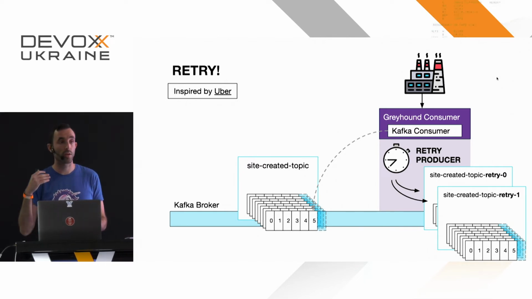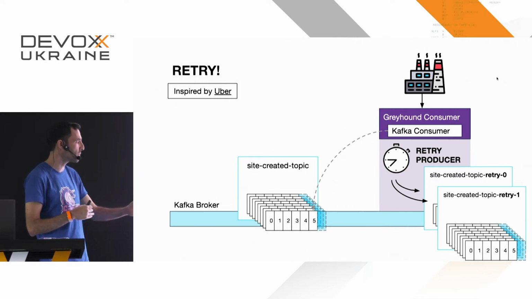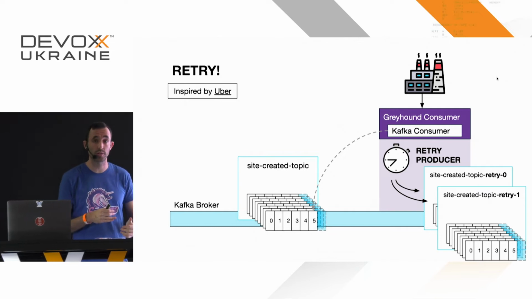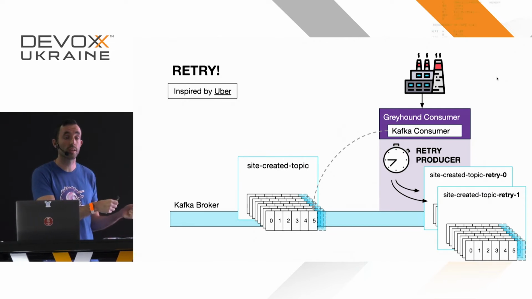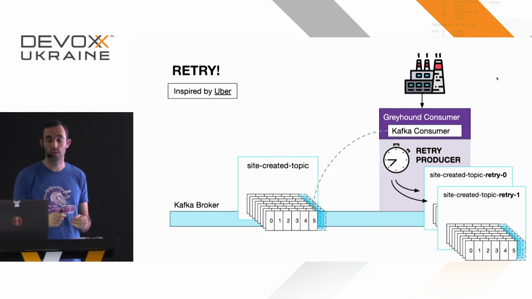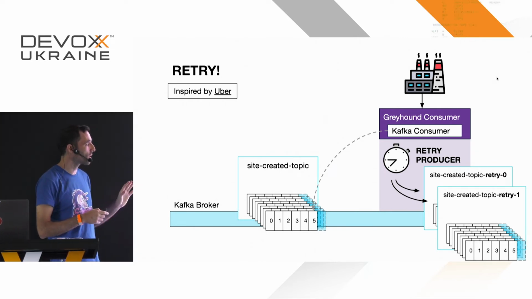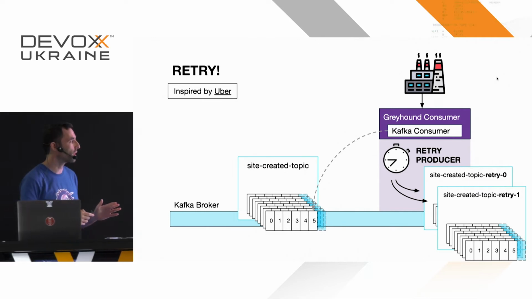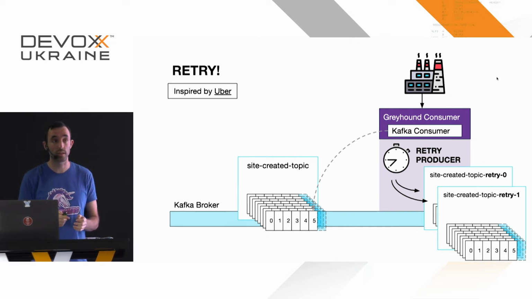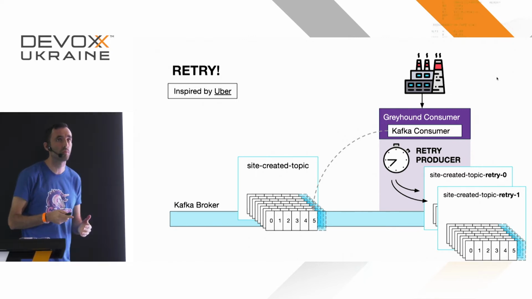If the handler that you provided throws some exception, there's going to be a retry producer that's going to send the message to the retry topic at the time that you defined in your consumer retry policy. Now, that's not the optimal solution, but really there's no silver bullet when it comes to Kafka retries. You can have alternative ways to do it, but none of them will be optimal.